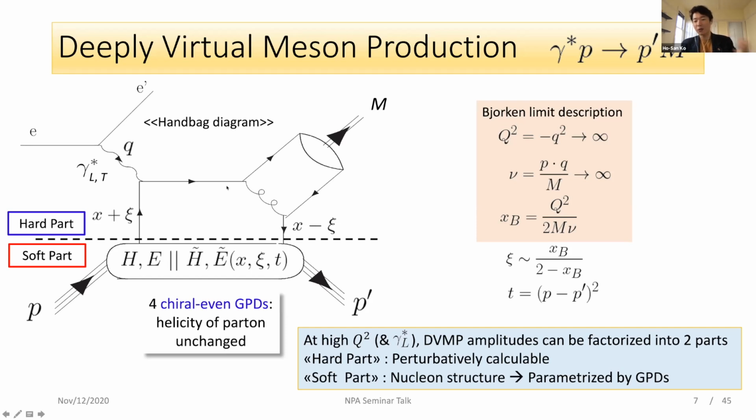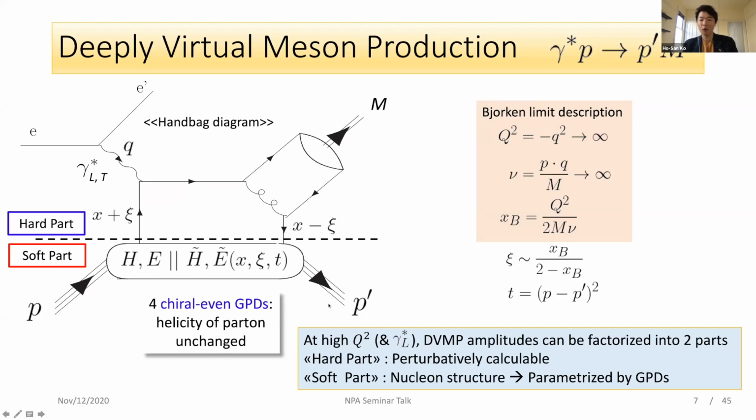And at higher twist, there will be additional parton coupled to the hard part where the parton and photon interacts, to the soft part where the rest of the nucleon lies. So at leading twist, or shall we say handbag diagram, this hard part where the parton and photon interacts is perturbatively calculable, whereas the lower part where the nucleon structure we want to extract is embedded gets parameterized by this universal quantity, GPDs.